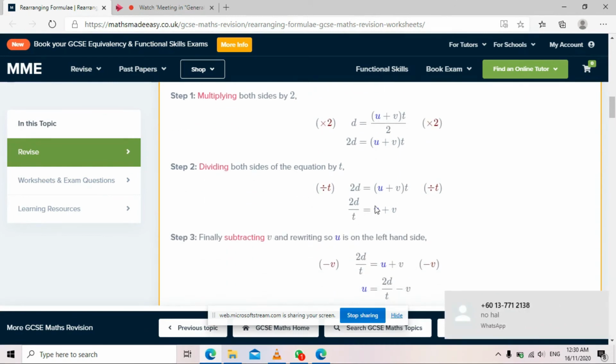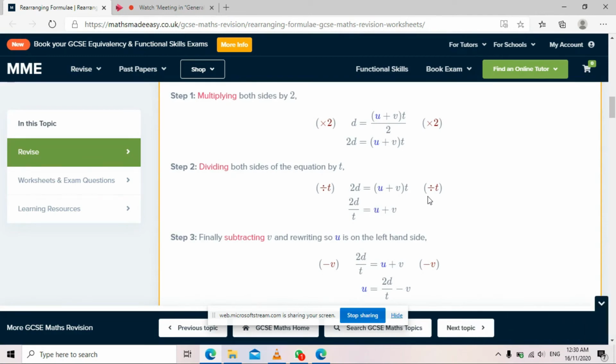So the next step is we will divide both sides by T, so T here will be removed, or we can do the same method like I said before, just move this T to the other side, so it will be 2D over T.